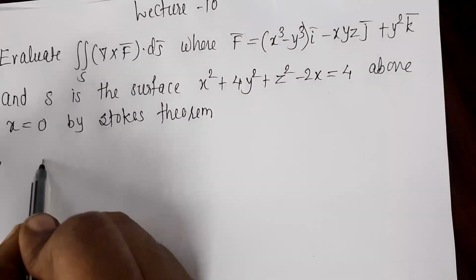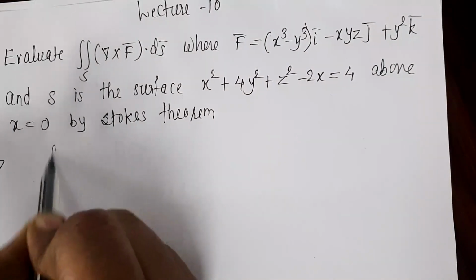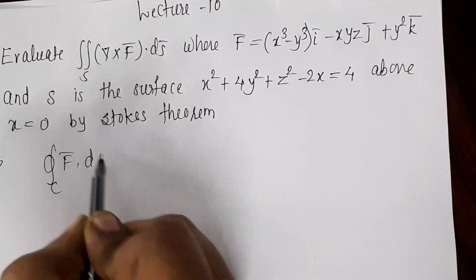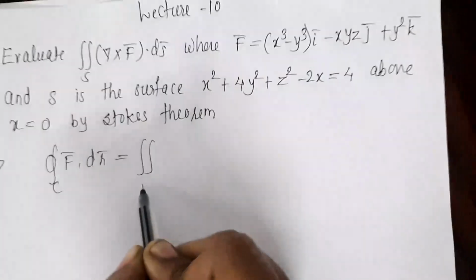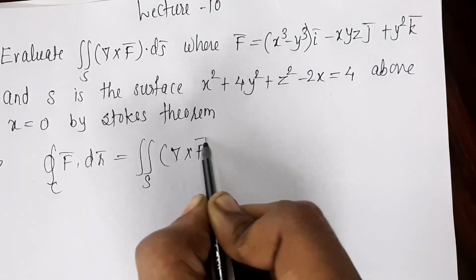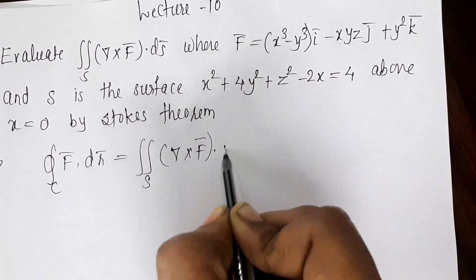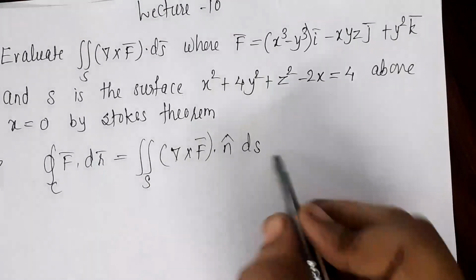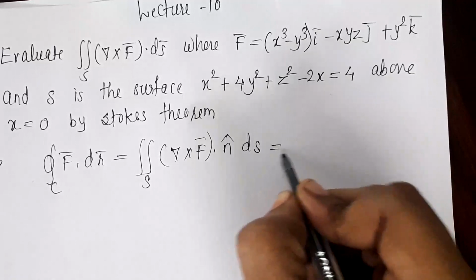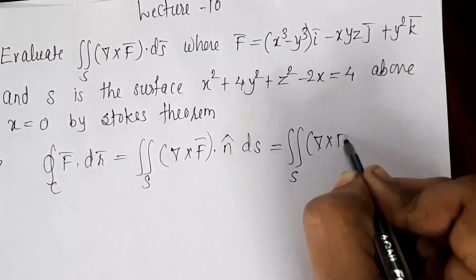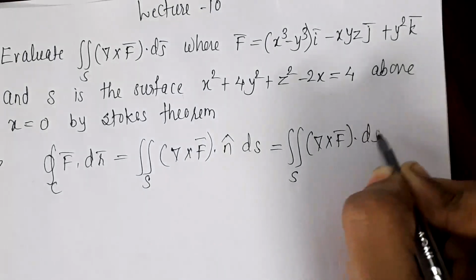So Stokes theorem is the integral over C of f dot dr, it is equal to the double integral over S of del cross f dot n cap dS. Now instead of n cap dS, it is given as the double integral over S of del cross f dot dS bar.